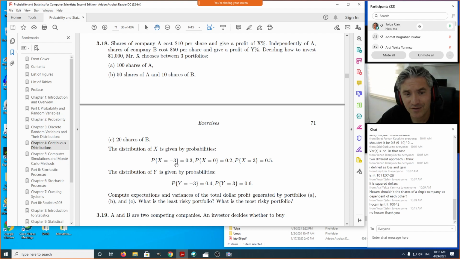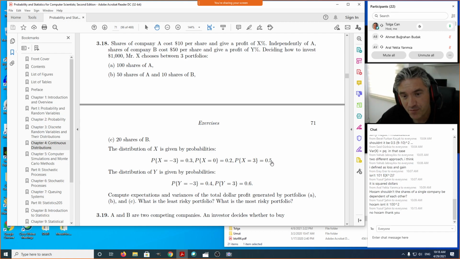So 917 times 0.3 and 1,000 times 0.2, and if you gain 3%, it's going to be $1,030. So if you add $30 to that, with 0.5 probability.